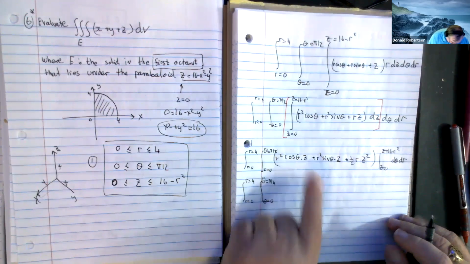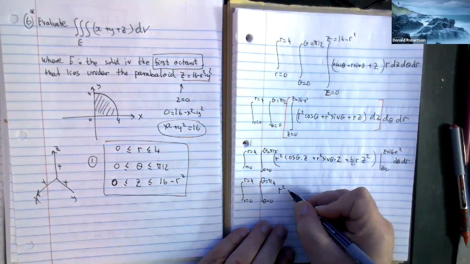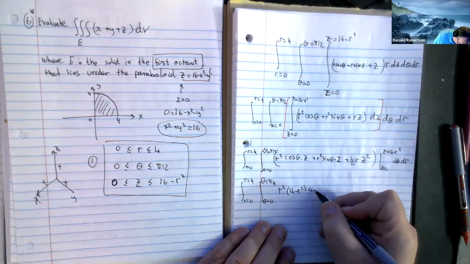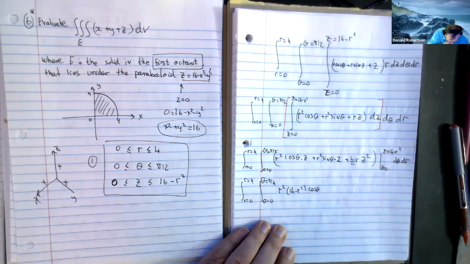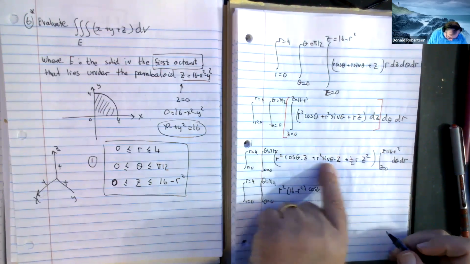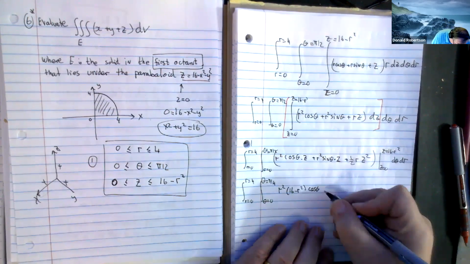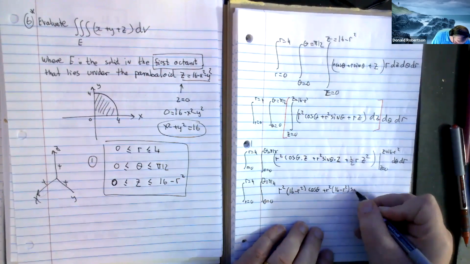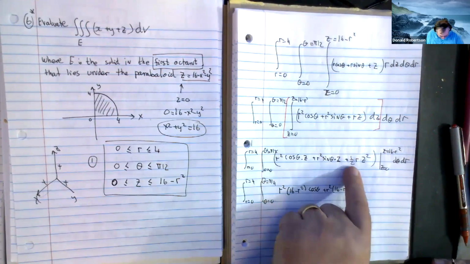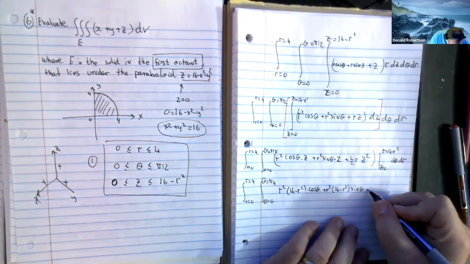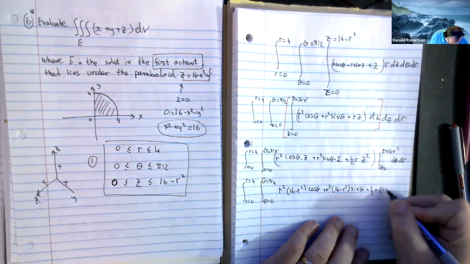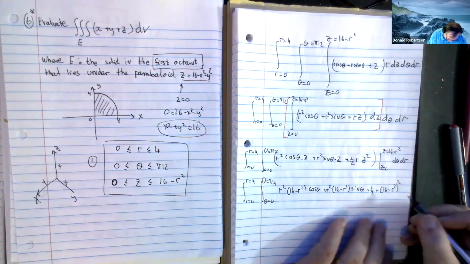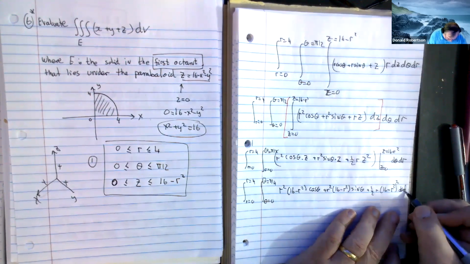You plug in z here, you're going to get r squared times 16 take away r squared, that's the z bit, times cosine theta. If you do this one times that, you're going to get another r squared times 16 take away r squared, times sine theta. If you do this one times that, you're going to get 1/2 r times 16 take away r squared, all squared. And then you're just going to have d theta dr.